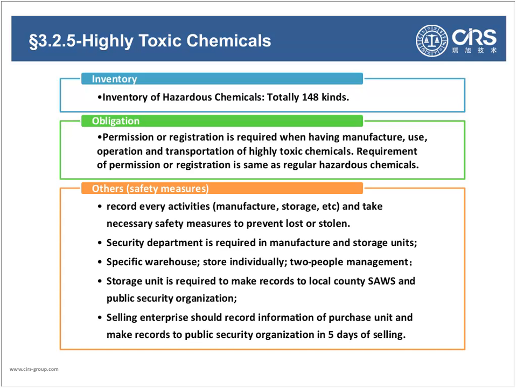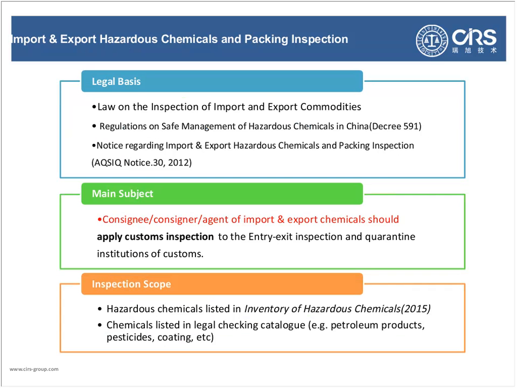If so, you have to prepare some work so that you can import or export the chemicals successfully into China. Basically, this kind of obligation is under Decree 597, the regulations on safe management of hazardous chemicals, and the authority is the customs and the inspection of import and export committees.